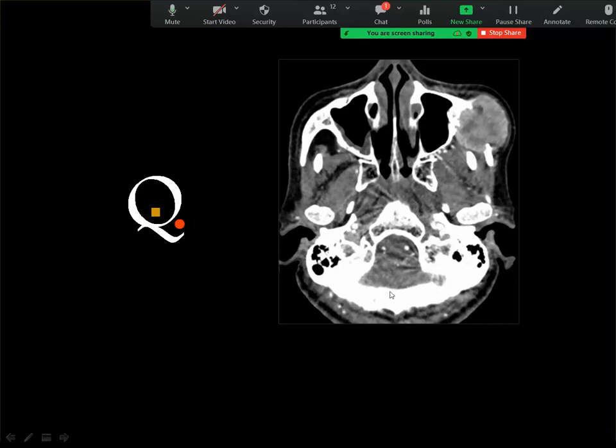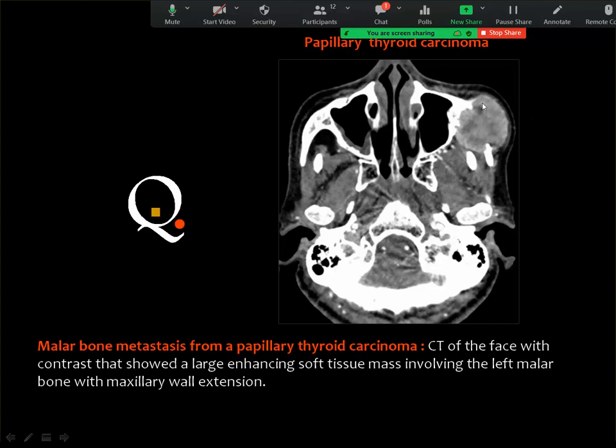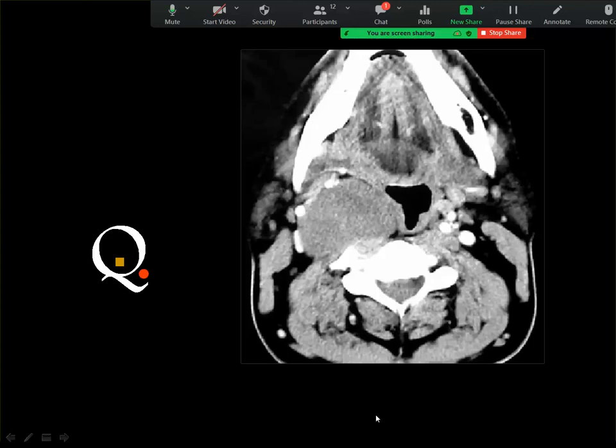And if you know that this patient had a primary malignancy like papillary thyroid cancer, then you know that you are dealing with a metastatic deposit in the zygomatic bone. And you are not allowed to diagnose metastasis without a clear history of a known primary malignancy. Next case.